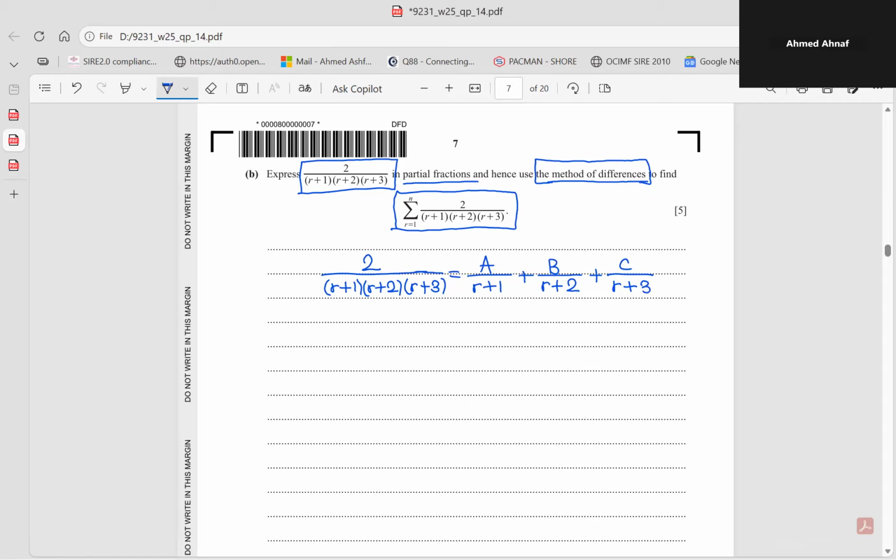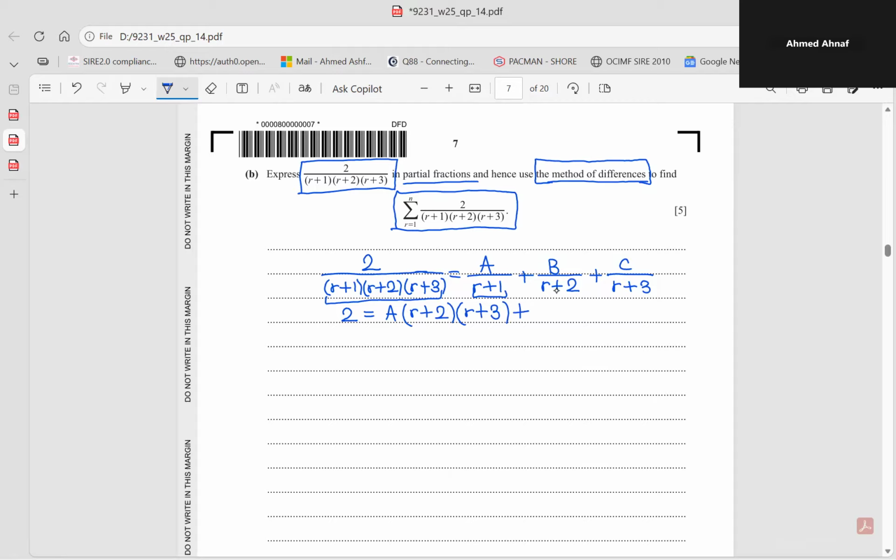Now we're gonna get rid of the denominator by multiplying both sides by this denominator. So doing that, we get 2 equals A times, multiplying the denominator with 1 over r plus 1 only gets rid of the r plus 1, but the r plus 2 and r plus 3 would stay. So this is just A times r plus 2 times r plus 3.